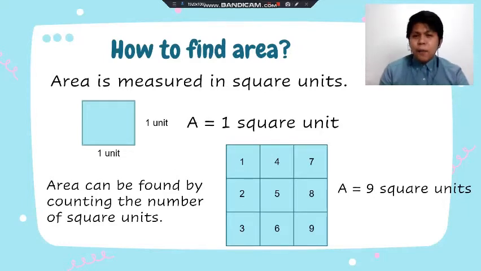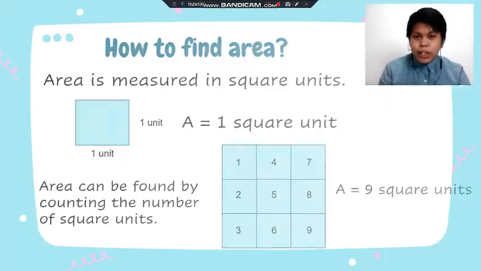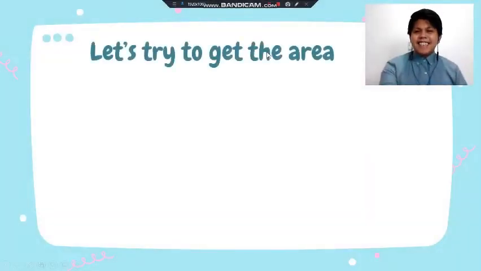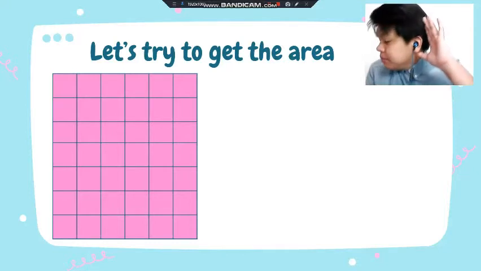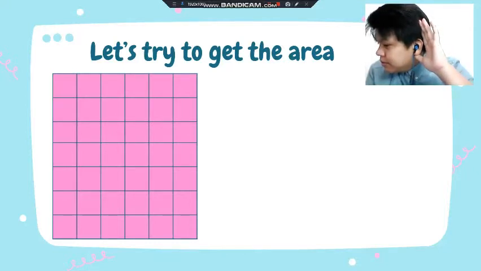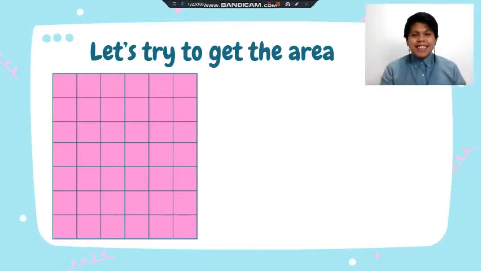Now, what can you do to get it easier? Let's have another one. Okay, so let's try to get the area of this shape. What do you think is the area of this shape? Great.